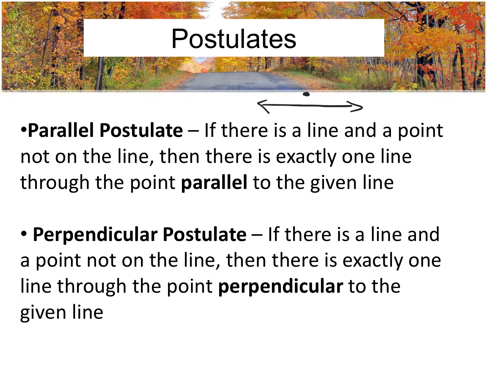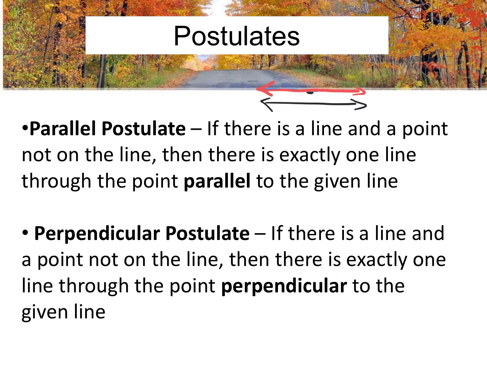So then I can draw only 1 line that would be parallel to the black line that I drew first. And that's what your parallel postulate states. So if you have 1 line and a point not on the line, then you can only draw 1 line through that point that would be parallel to the first line.